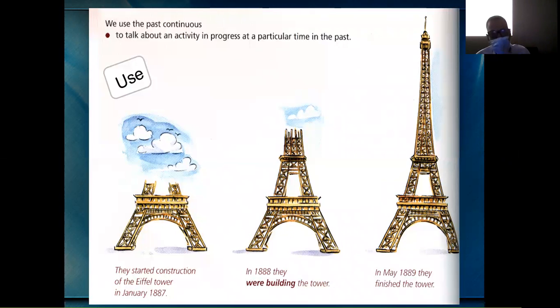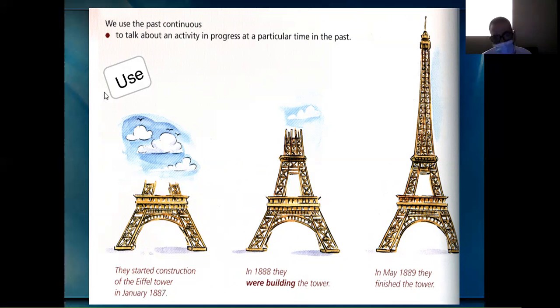Look here. This, frankly, is a very good picture to illustrate the conception of past continuous. Here is the Eiffel Tower in France. They started construction of the Eiffel Tower in January 1887. It's the very beginning of the start.